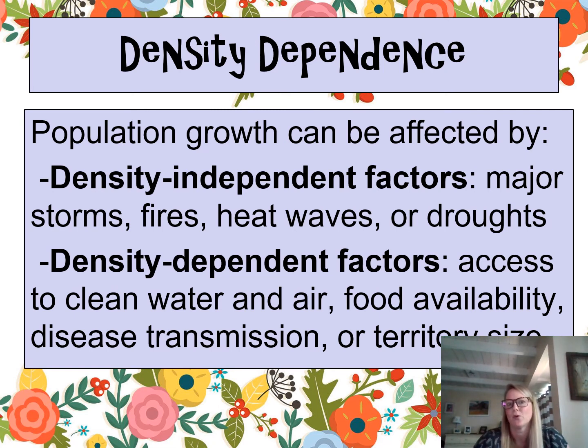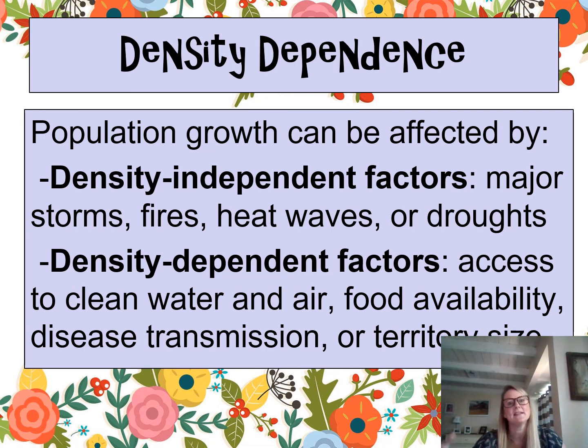For example, major storms are good examples of a density independent factor. If a hurricane comes through an area, it's going to wipe out some populations. It really doesn't matter how dense that population is or on how much land it is. It's going to affect the population's growth based just upon the force of the storm.